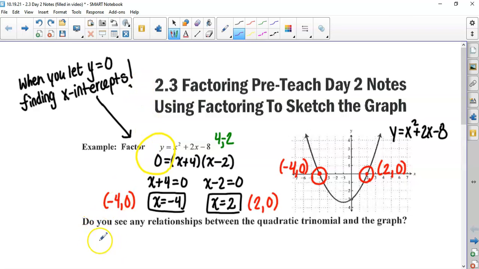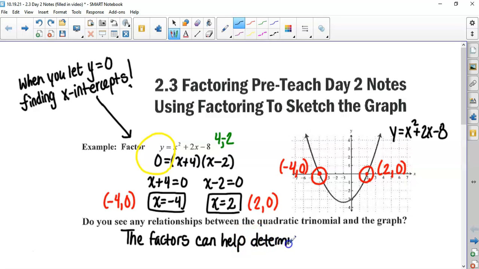So our key takeaway from this question, the relationship between the quadratic trinomial and the graph: the factors can help determine or find the x-intercepts.